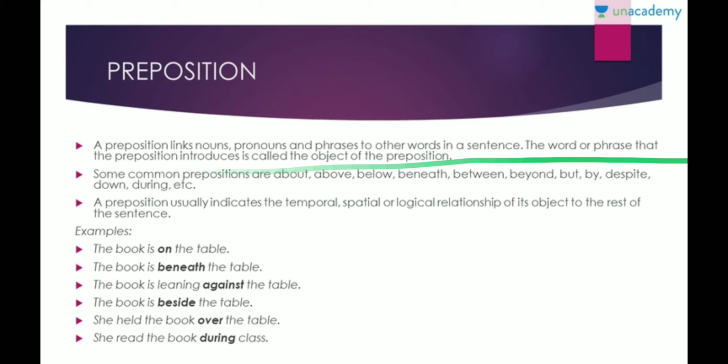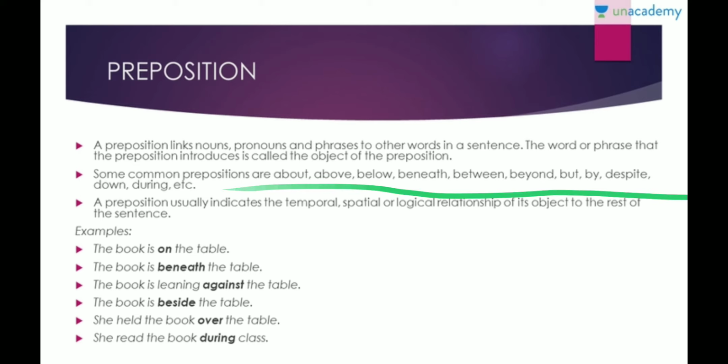It follows the general rule. Some common prepositions are about, above, below, beneath, beyond, but, by, despite, during, down.